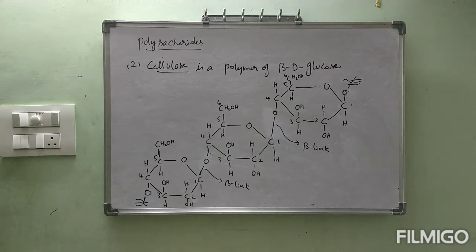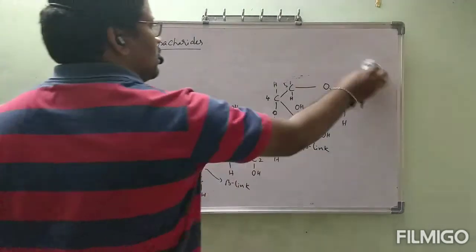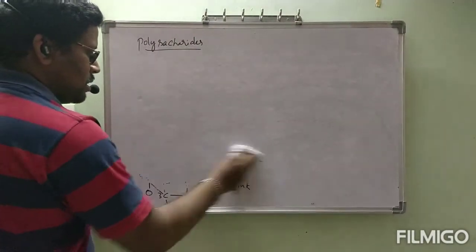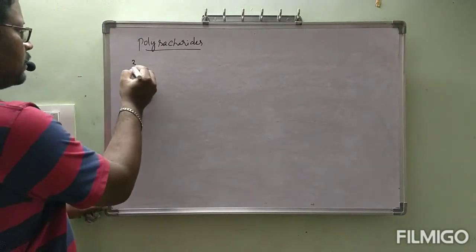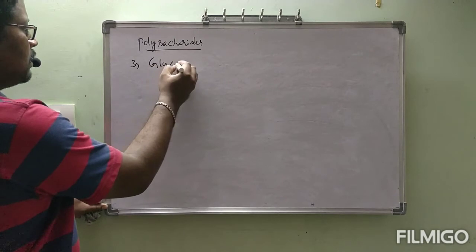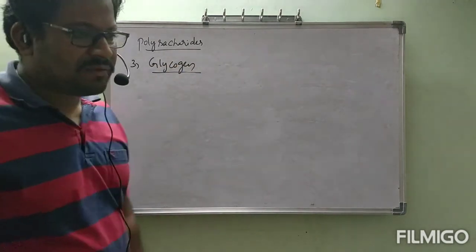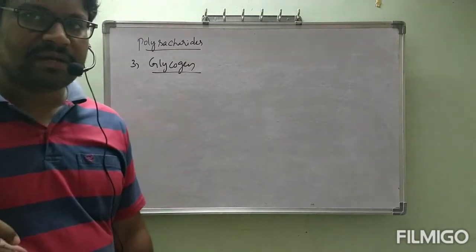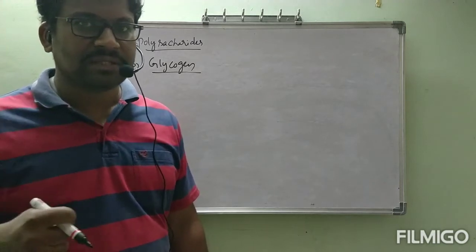Next, glycogen, the third one. Glycogen structure was not given much. Simply it was given that glycogen is the main polysaccharide which is stored as a food material in animals.